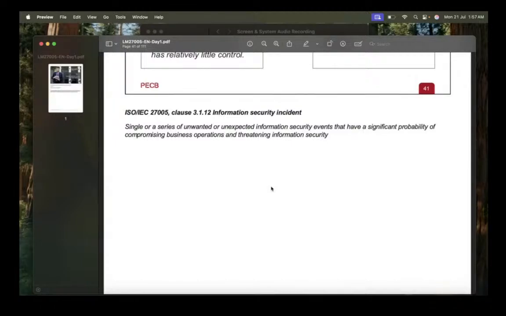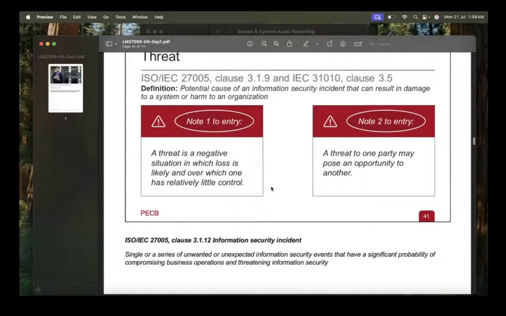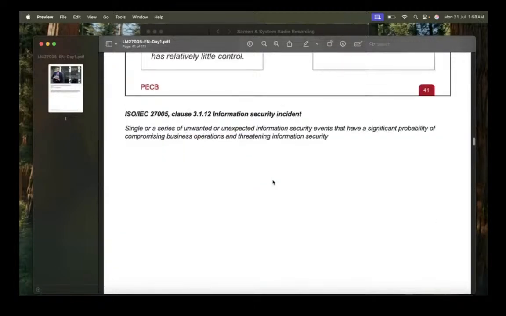So this is the information security incident, whether it is a single incident or a series of unexpected events related to information security. These are the threats for any organization and its business operations. So this is what we understand by threat.